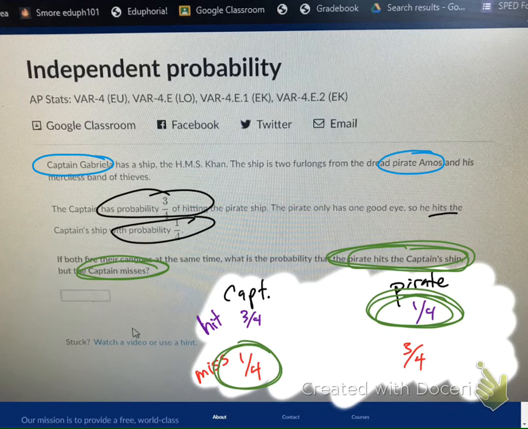These are both an "and" again, so 1 out of 4 for the pirate ship hitting, coupled with and a 1 out of 4 for the captain's ship missing. Multiply straight across. 1 times 1 is 1. 4 times 4 is 16. So our correct answer for this example is 1 out of 16.